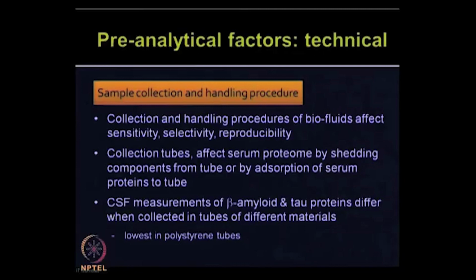For cerebrospinal fluid measurement of proteins such as beta amyloid and tau proteins, when people analyzed these in tubes of different materials, they found different effects, and the effects were lowest in the polystyrene tubes.